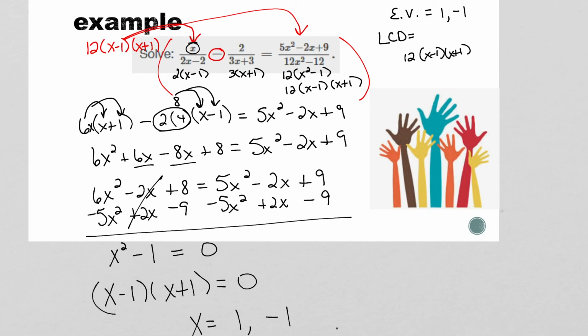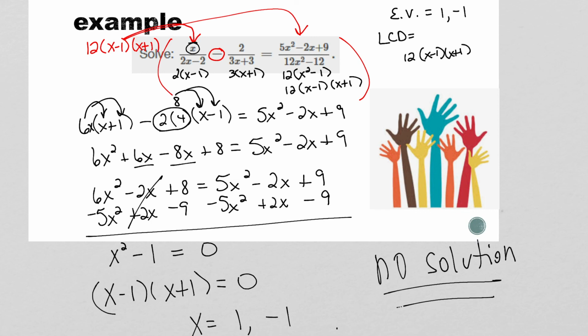But nonetheless, I wouldn't have known that it was extraneous if I hadn't done the work. So, okay, whatever. I'm done being offended. All right, I'm past it now. Nonetheless, this would be, oops, hang on, no solution for this problem.